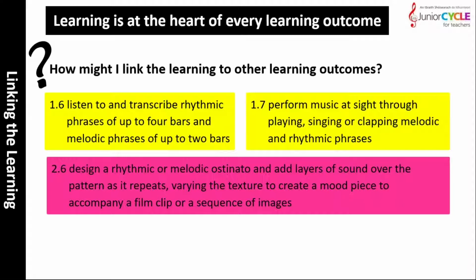Yes, it does. You can see that the added layers of learning here in 2.6 are around texture, program music, and the emotional response to a film clip or a sequence of images. You will also notice that 2.6 is taken from our Innovate and Ideate strand, thus linking the learning across the strands.